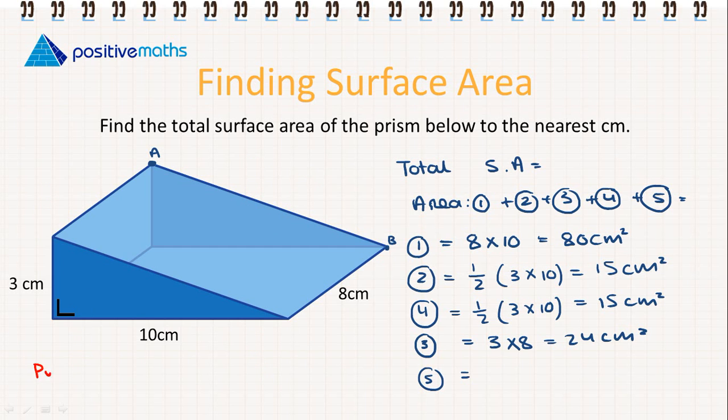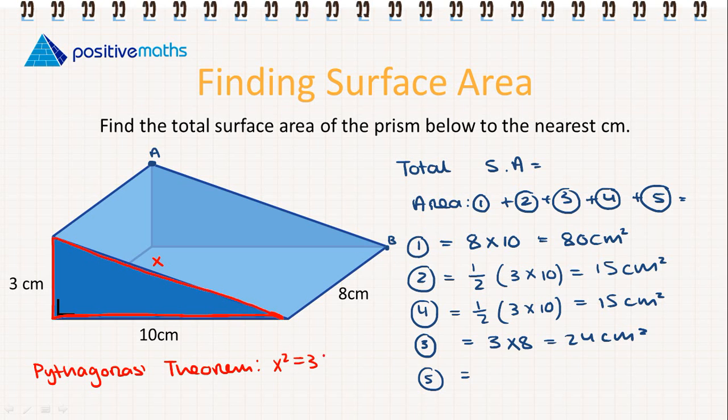In order to find that length, we need to use Pythagoras' theorem. Okay, because we have a right angle triangle, where we have the height is 3, the base is 10, and then we're looking for the hypotenuse. I'm going to call this x.